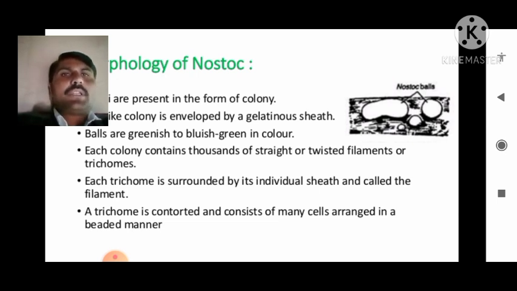Now when talking about the trichomes, these trichomes are enveloped, surrounded by an individual sheath, and thus are known as filament. A trichome is made up of many cells, and these cells are arranged like a bed.